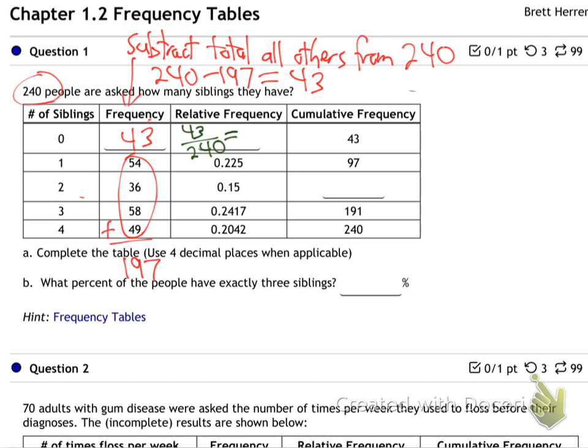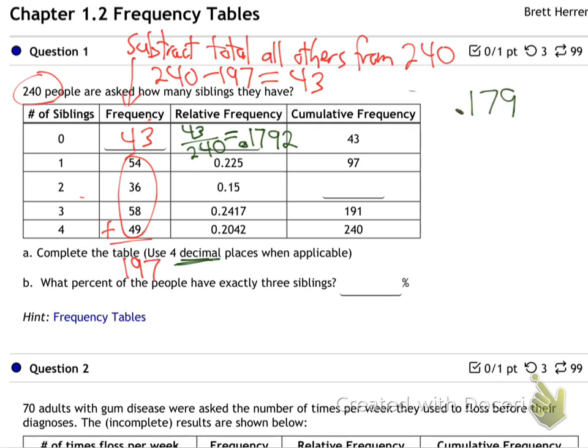Somebody got it? 0.17. Did they say how many places? Oh, 4 decimal places. There we go. 0.1792. It was 0.1666, so I round that. Everybody okay with that rounding?